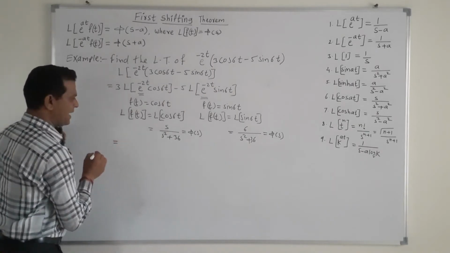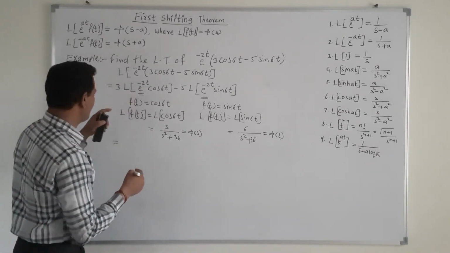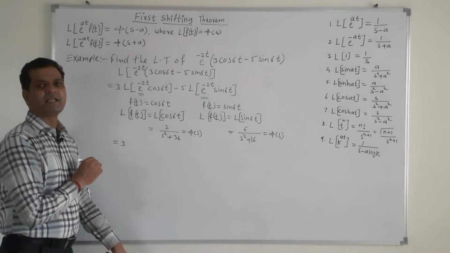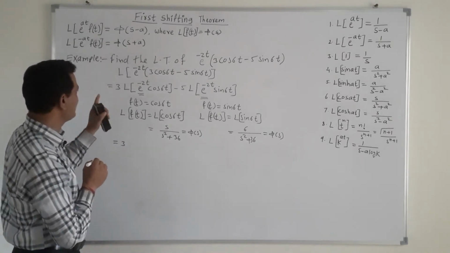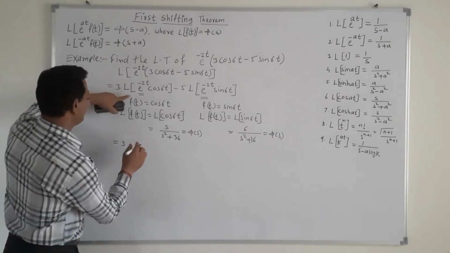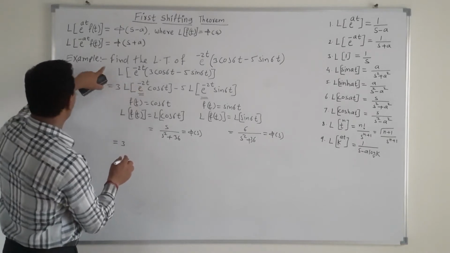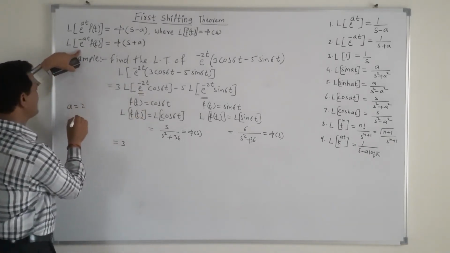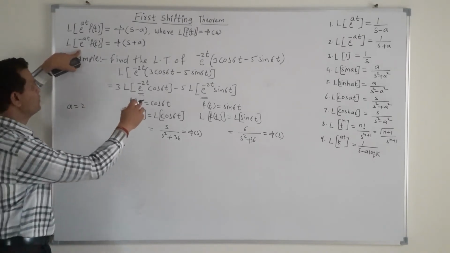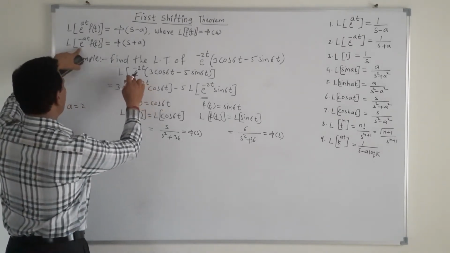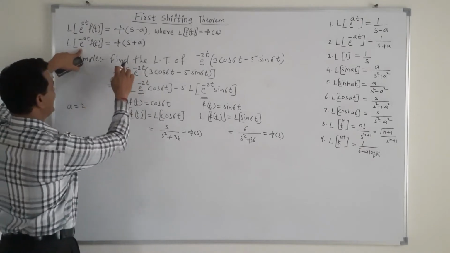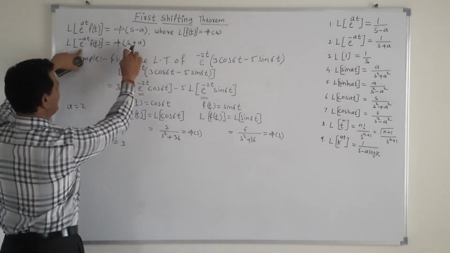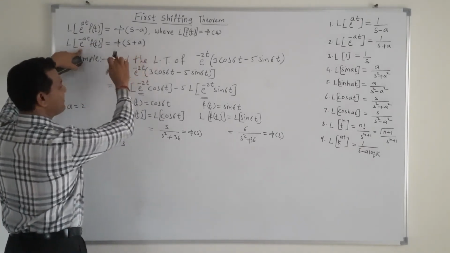Now if we apply the shifting theorem here, we get 3 times. The value of a is 2, with e raised to minus 2t. Whenever the power is negative, add a to the parameter s.